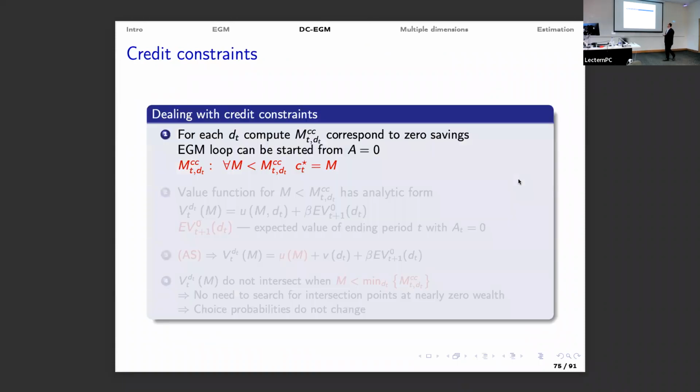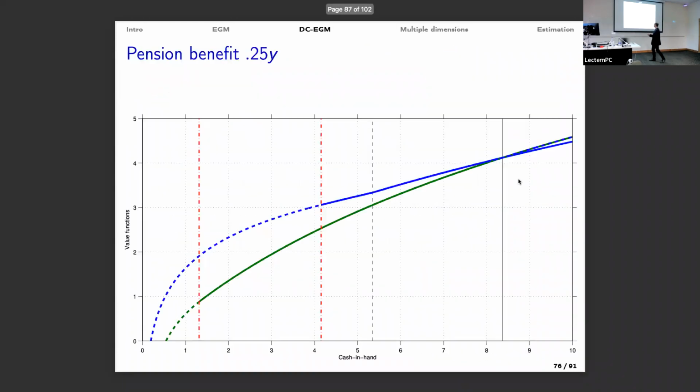All right, let's see what's going on with credit constraints. In the interest of time, I'll just show you the picture. So now we have the same story with the credit constraints as before, right? We have some point after which the value functions, these are now discrete choice specific value functions, become analytic in this part, right? And they may have different optimal levels of wealth to save zero, to consume everything.